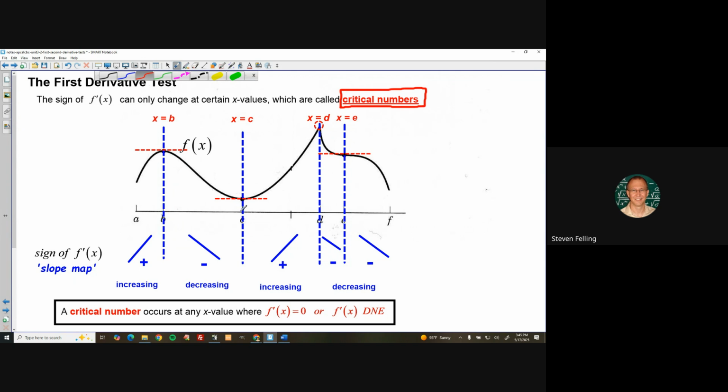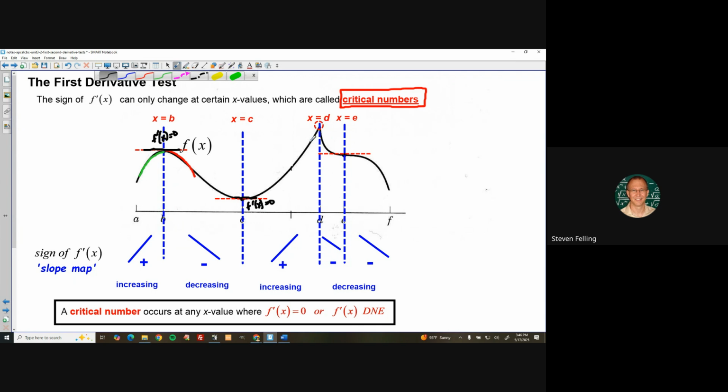So if you want to locate where a function is about to change from positive to negative, in other words, going from increasing over here to decreasing over here, right at that location where it's changing, the slope is 0. The value of the first derivative at that location would be 0. And that's true also here, where we're changing from decreasing to increasing. The first derivative could be 0 at that location, right?